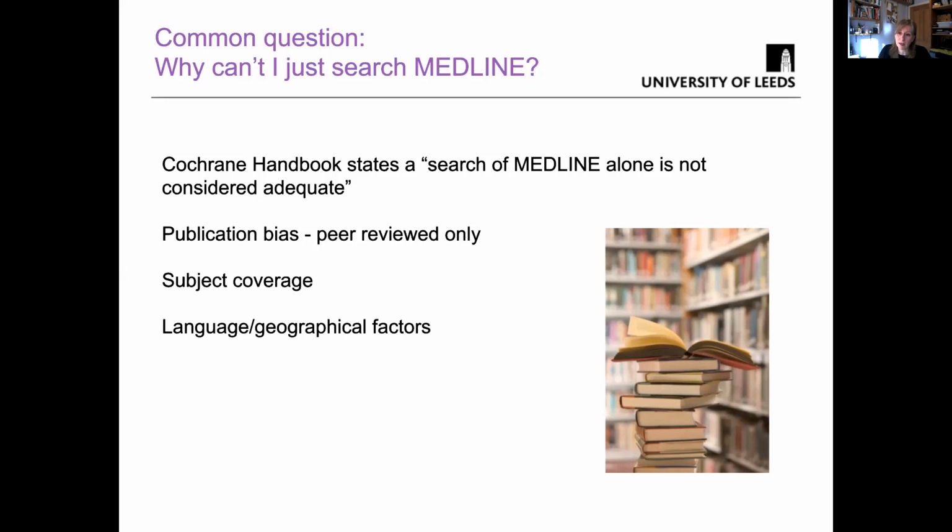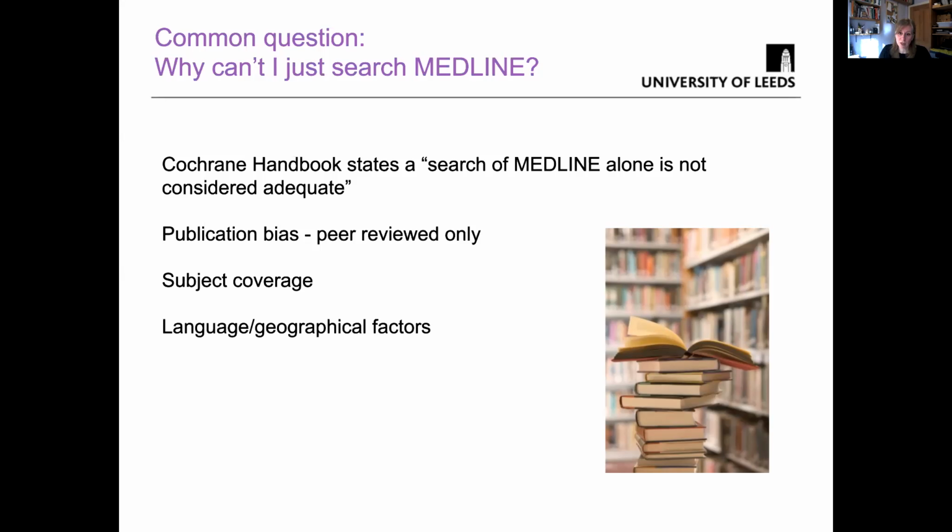The other issue with Medline is that it only has peer-reviewed journals. It's often quite high impact. And if we just search for those high impact peer review journals and take the data from there, we can get a bias creeping in.